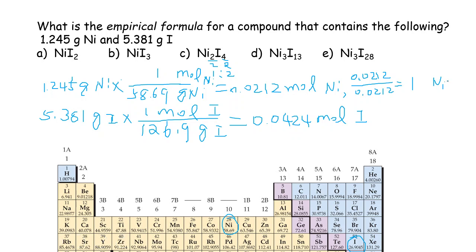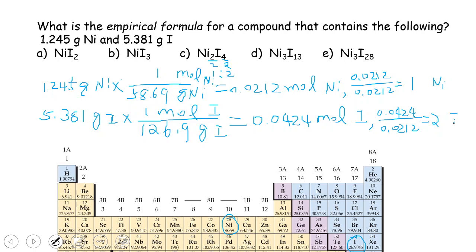And then for iodine, 0.0424 divided by the same smallest value of moles, which is 0.0212, and that gives us 2, all right?